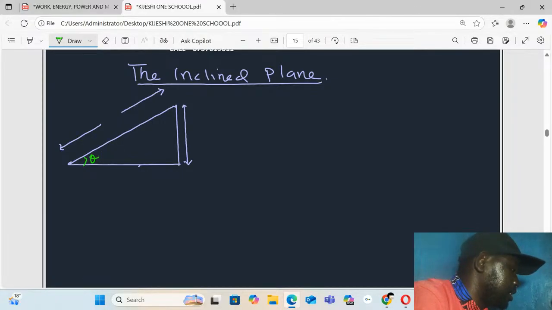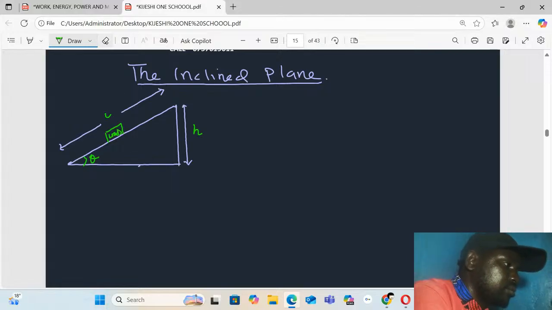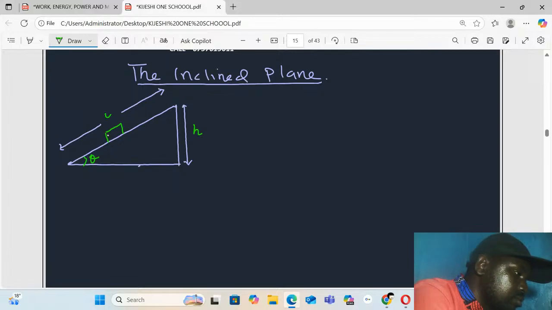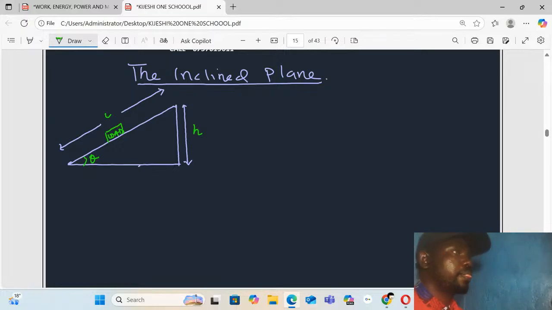We have this angle theta. We can call this one our H. We can call this one our L. And then we can give a load that is moving along this inclined plane. Load in that manner.